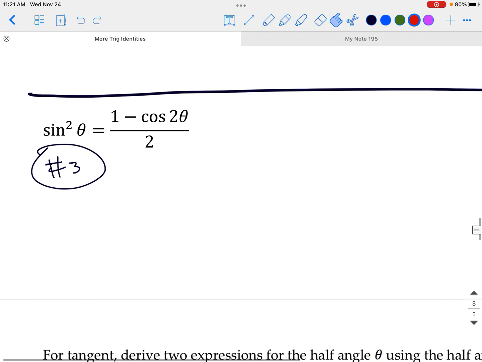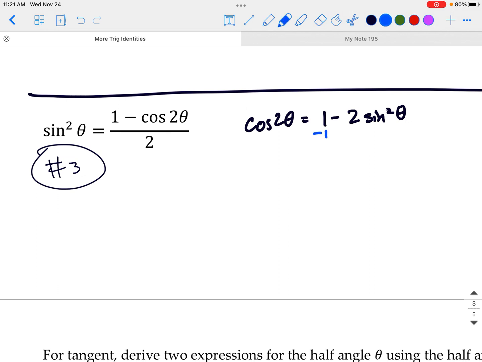And then we'll do the same thing for sine squared. So we'll note that using equation number 3, we know that cosine 2 theta, and maybe we'll use the bigger font here, is 1 minus 2 sine squared theta. And then again, we'll do the same thing by isolating the squared term.